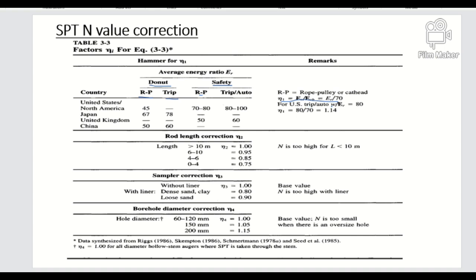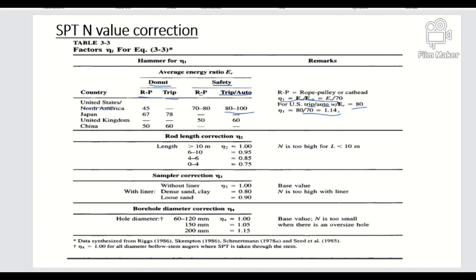If you take the United States and an auto trip hammer, the energy ratio is 80 to 100%. So if your ER value is 80%, after that we calculate the standard blows at 70% energy. So for 70% energy the value is 1.14.